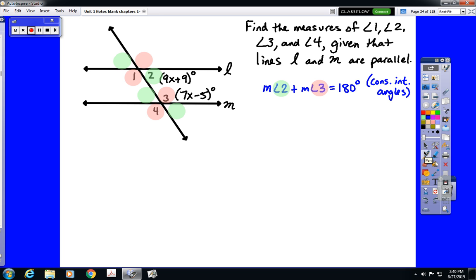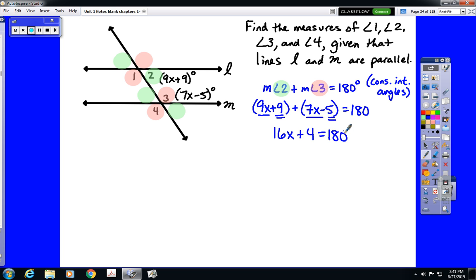So the measure of angle 2 is 9x plus 9 degrees, and the measure of angle 3 is 7x minus 5 degrees. Plug those values in, and you have yourself an equation. Combine like terms on the left side of your equation. 9x plus 7x is 16x. 9 plus negative 5 is positive 4.